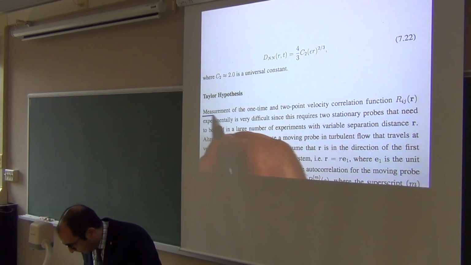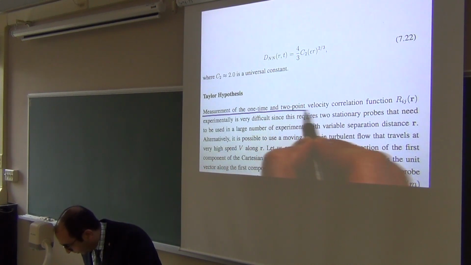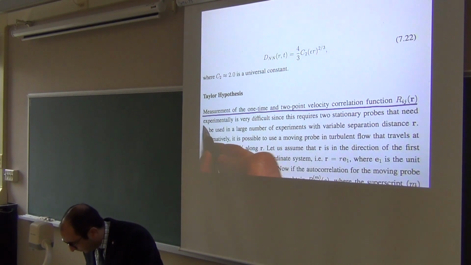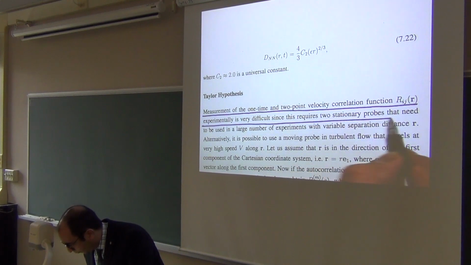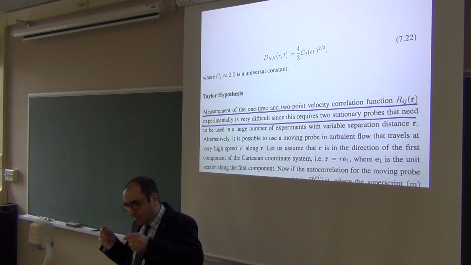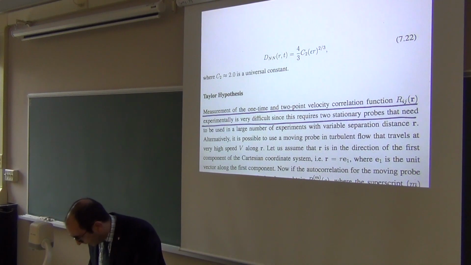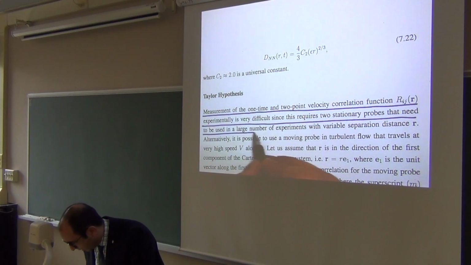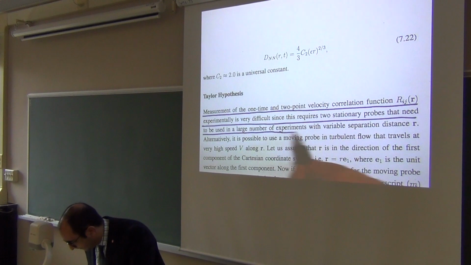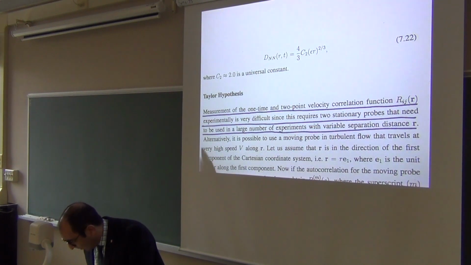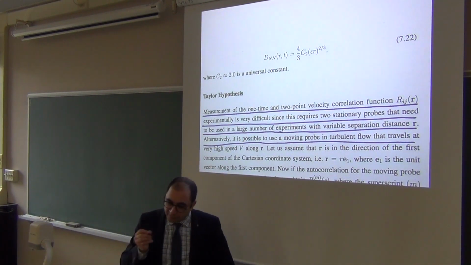Why? Measurement of one-time and two-point correlations is extremely difficult because you need two probes and you need to place them at many different relative spatial distances. Practically impossible. And you need a large number of experiments. However, alternatively, you can move the probe.